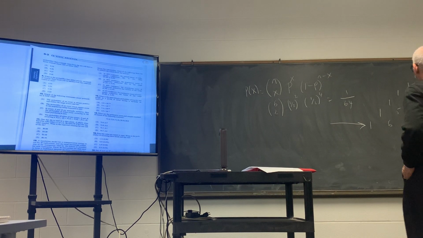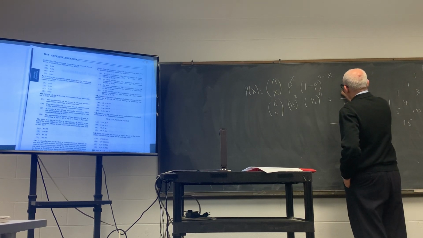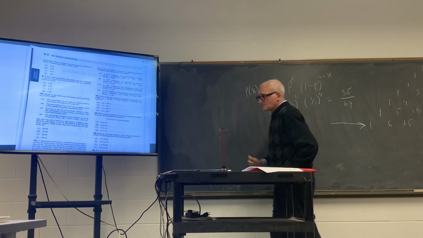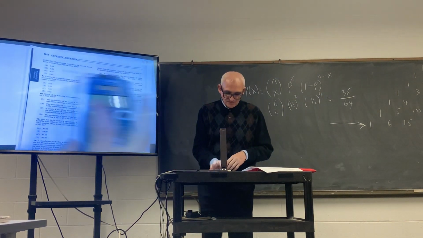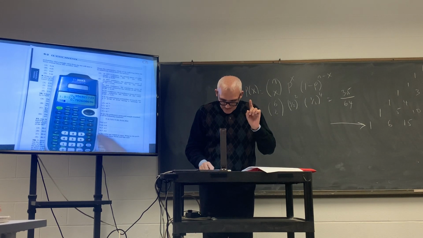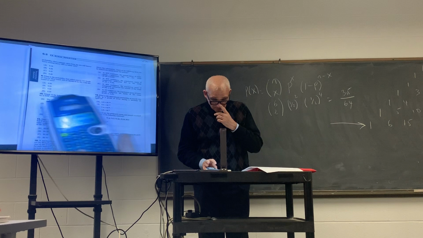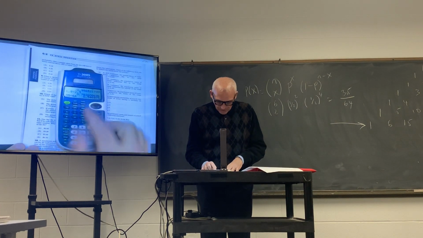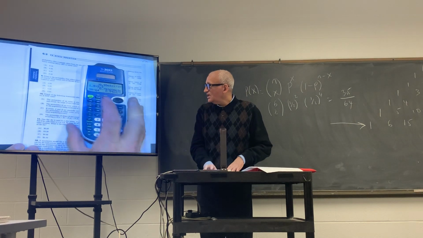I can add 15 plus 20, that's 35. That's how simple the answer is. It's 35 over 64, which is 0.5468, which is B, 0.55.